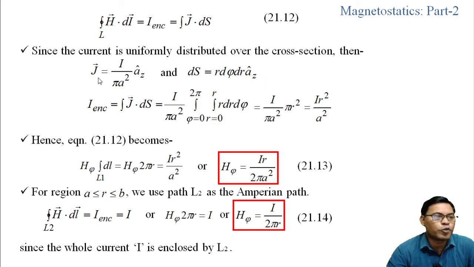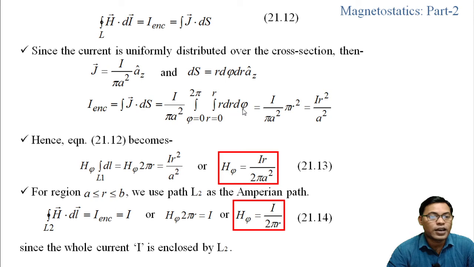Now if we put the value of J and dS in this expression, we can calculate I enclosed, that is equal to the integration of J dot dS. Here I by pi a square is constant, so it is taken outside. Now in the surface integral the limit of phi is 0 to 2 pi, and the limit of r is 0 to r.